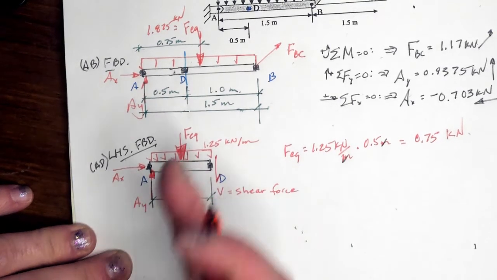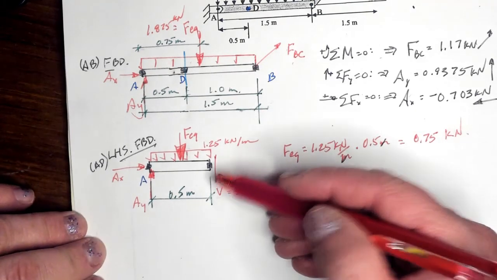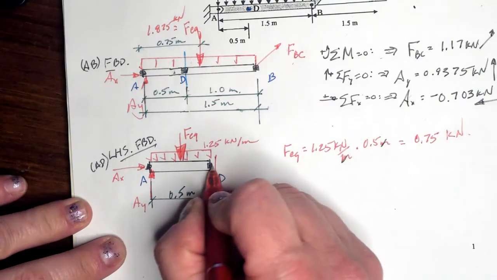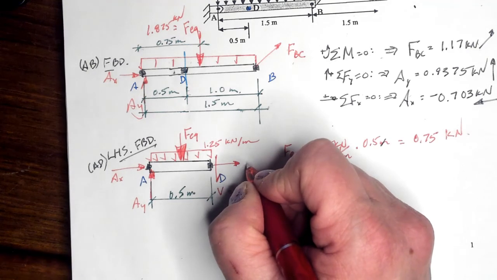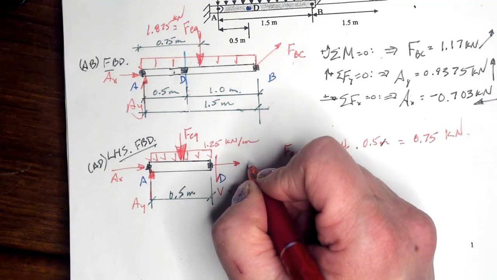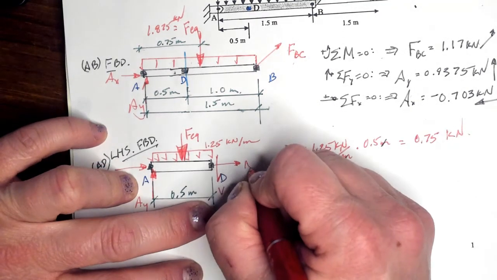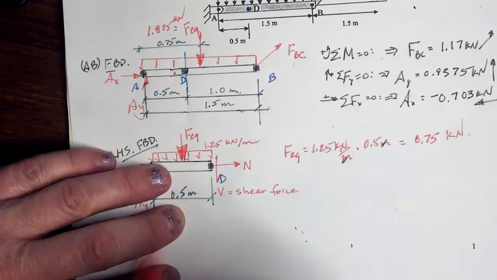When you have an open section on this side, so I took the left-hand side, the section is on the right, we will point that downward. We also have a normal force. I'll just call it N. And we will have a moment.